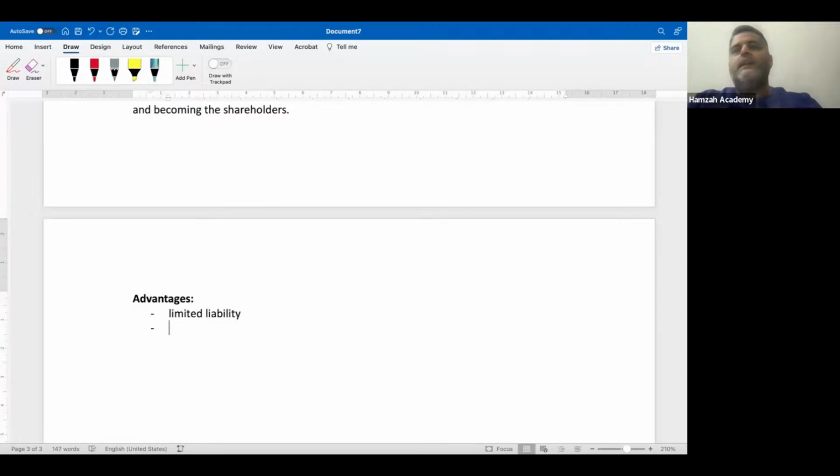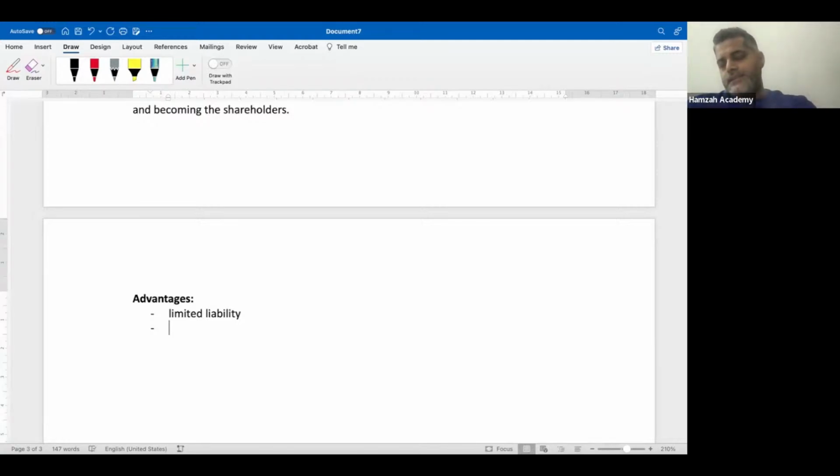Unlike the company, if you are running a business as a sole trader and your business goes into liquidation, then you have to bear and honor all of the liabilities from your own pocket as well. I mean, in the case of the bankruptcy of a sole trader business, you have to pay everything from your pocket.